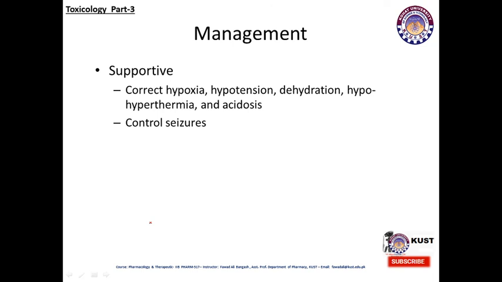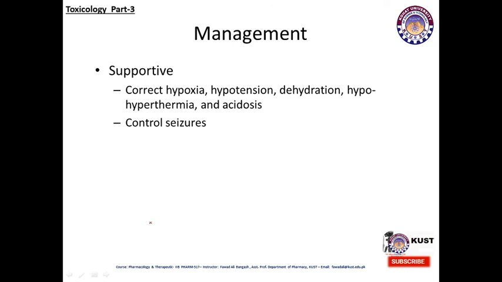Normally the body has glutathione, which binds with NAPQI to form a non-toxic product. But if the glutathione level is saturated, we use N-acetylcysteine as an antidote for the NAPQI.